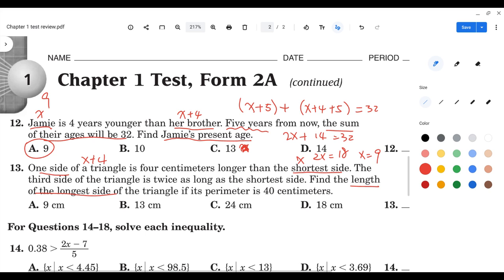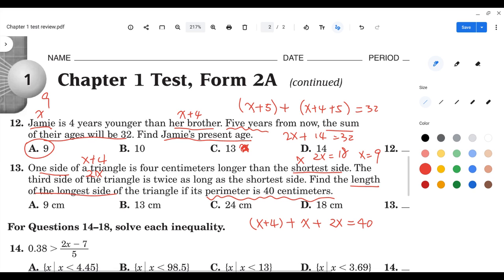The third side of the triangle is twice as long as the shortest side. So the third side is 2x. And then the relationship they have is its perimeter is 40 centimeters. Perimeter is all sides added together. So one side is x plus 4, plus the shortest side x, and the longest side 2x. All together is 40. Then you just have to combine like terms and solve the equation.